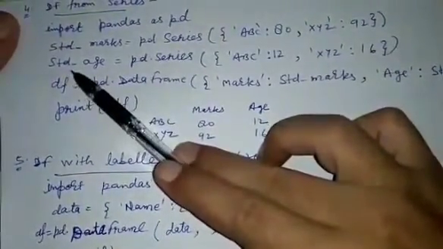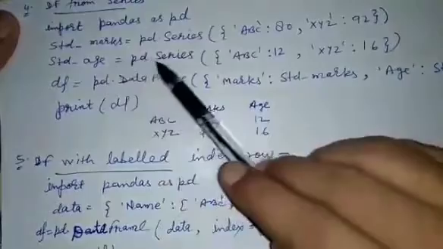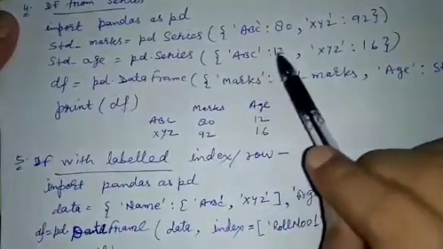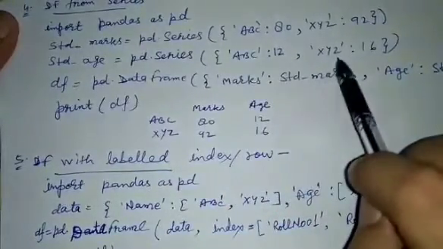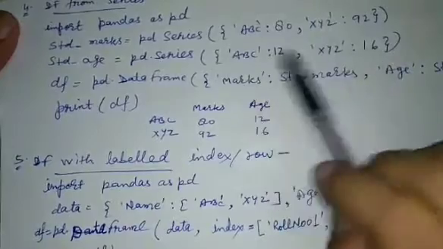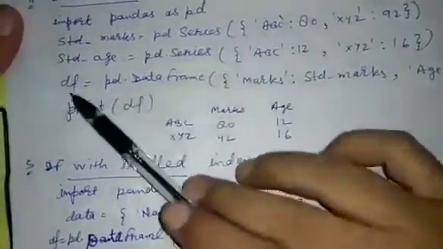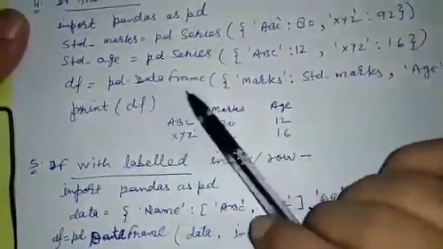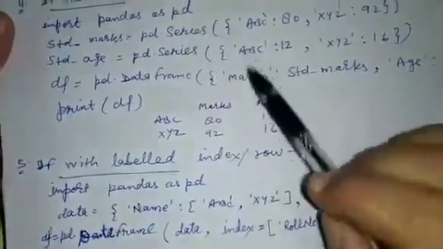Second, create another series, student age, pd.Series, abc age 12, xyz age 16, from a dictionary. Now df is equal to pd dot DataFrame.